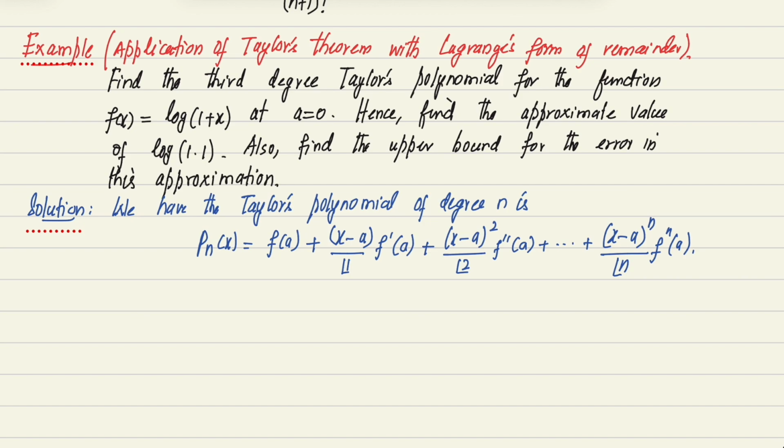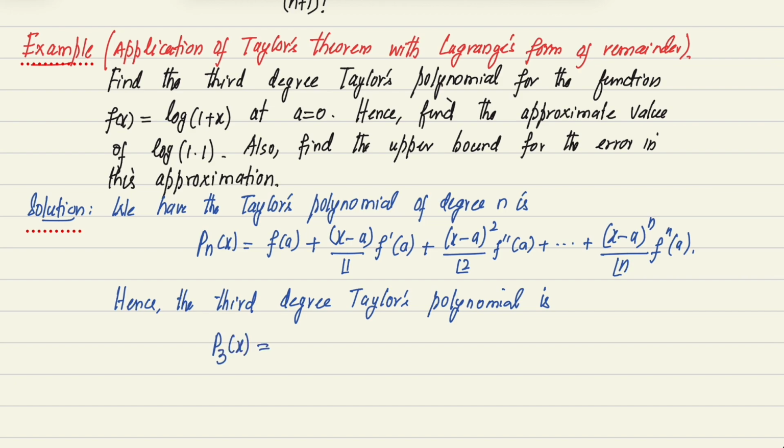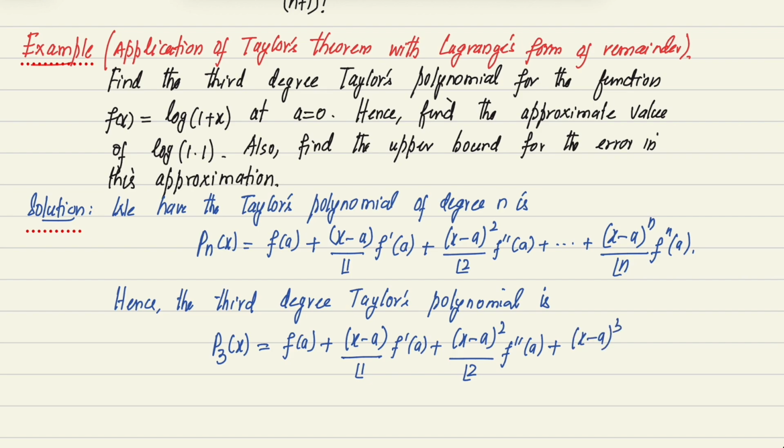Now here in the question we are asked to evaluate the third degree Taylor's polynomial. So the third degree Taylor's polynomial is P3 of x, which is equal to f of a plus (x minus a) by 1 factorial f dash of a plus (x minus a) whole square by 2 factorial f double dash of a plus (x minus a) whole cube divided by 3 factorial f third derivative at a.